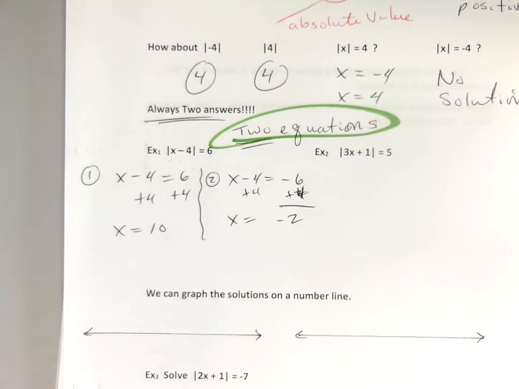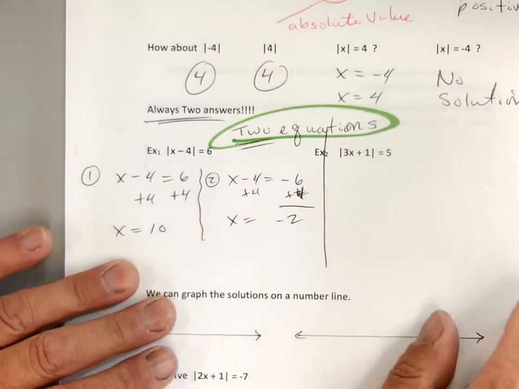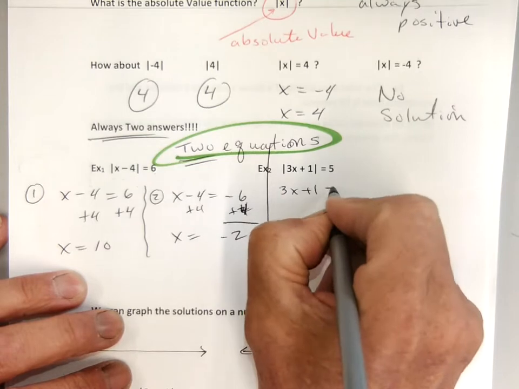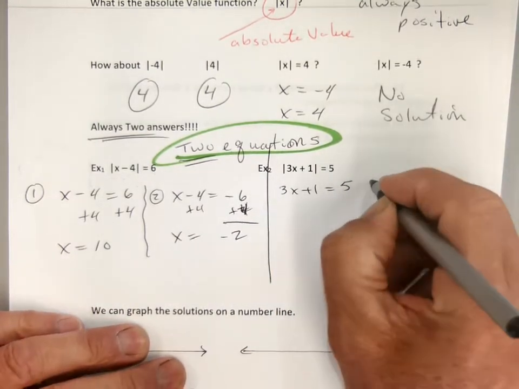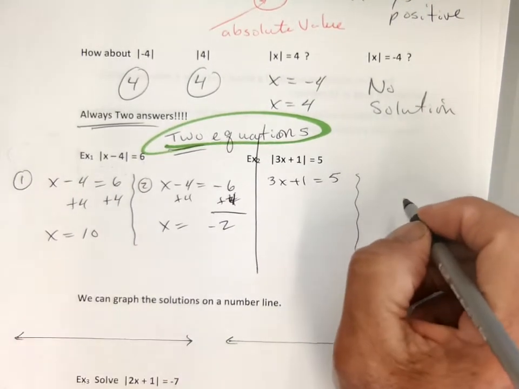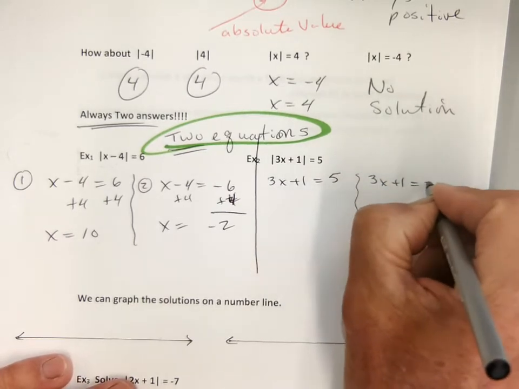Okay, now, same thing on example 2. This just has a little bit bigger of an equation. So we still need 2 equations. So, okay, we're going to go 3x plus 1 equals 5. Positive 5. And my second equation is going to have to equal the negative. 3x plus 1 equals negative 5, right?